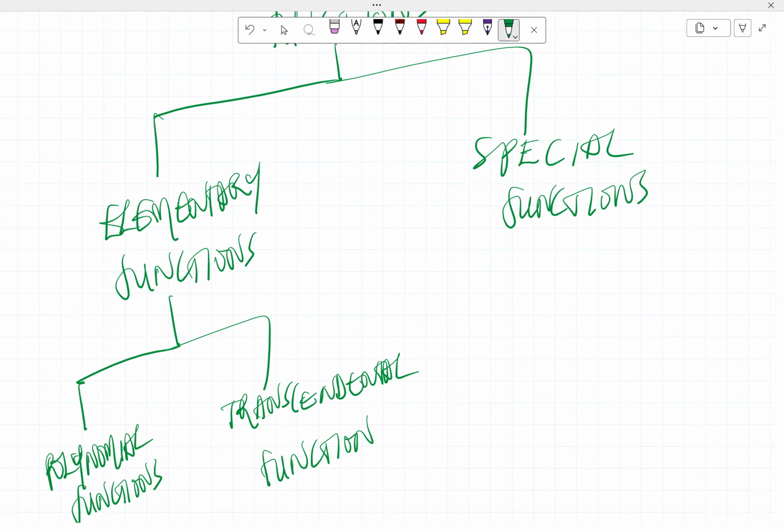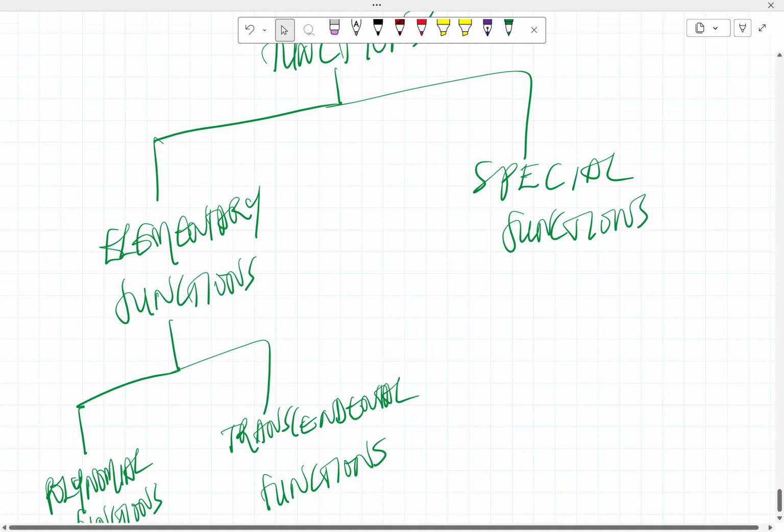Of course, using things like Taylor's theorem and Maclaurin's theorem, you can approximate transcendental functions using polynomials. And then for special functions, we just have their types, right?